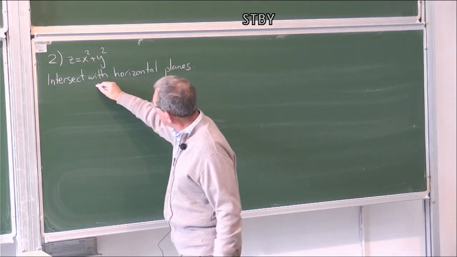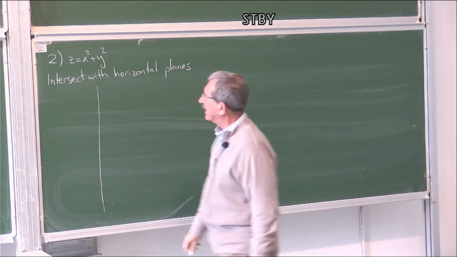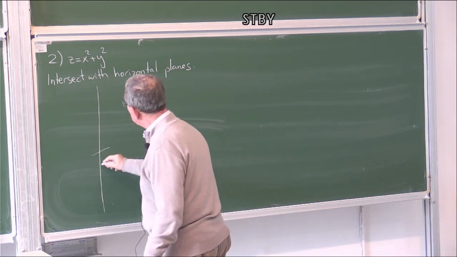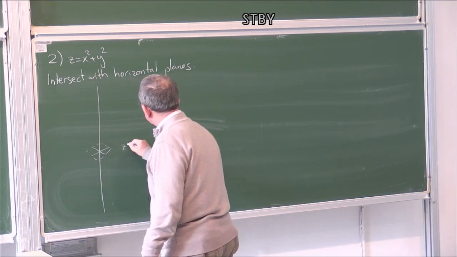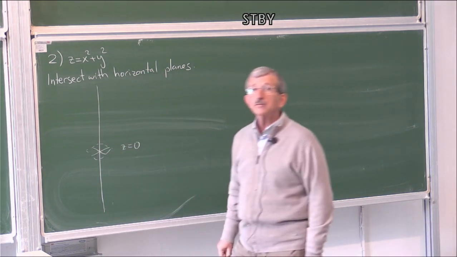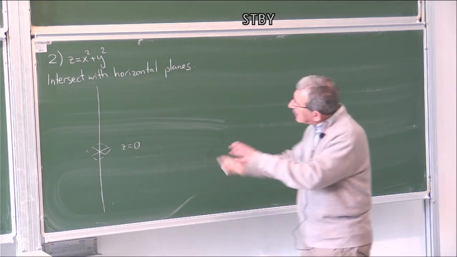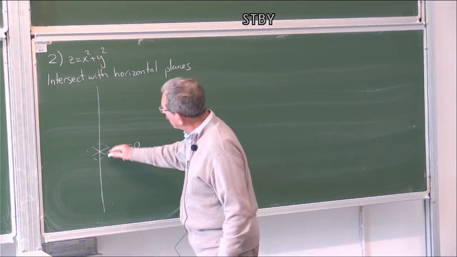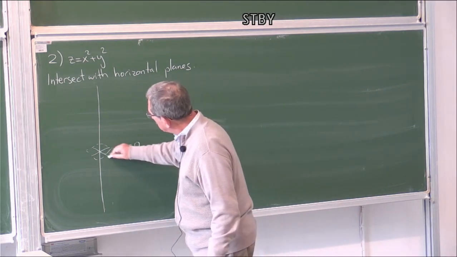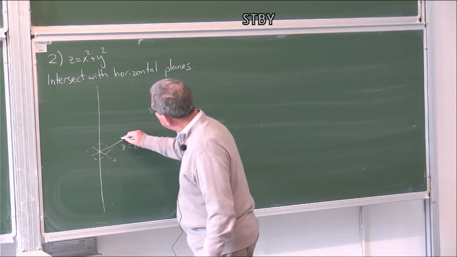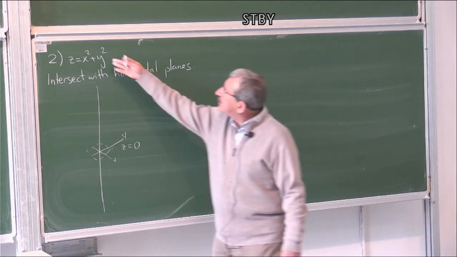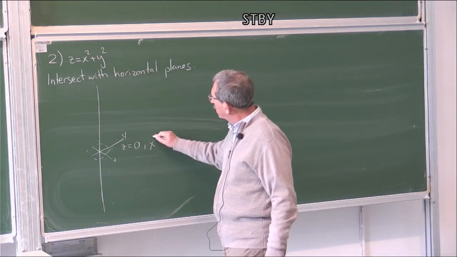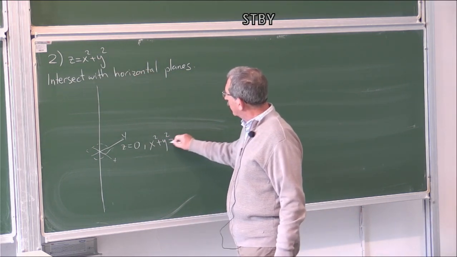This means that we are working on the z-axis. So let us start, say, with z equal to 0 as the starting point. When z is 0, that is on the standard xy plane, this is x, say this is y, we clearly see that x squared plus y squared becomes 0.